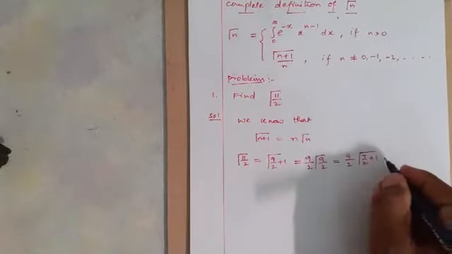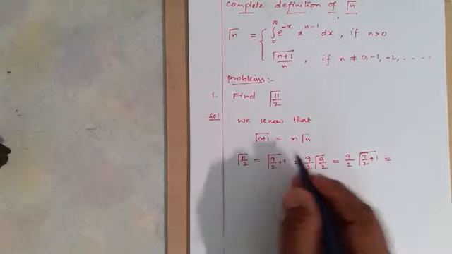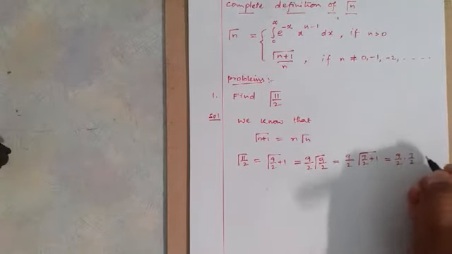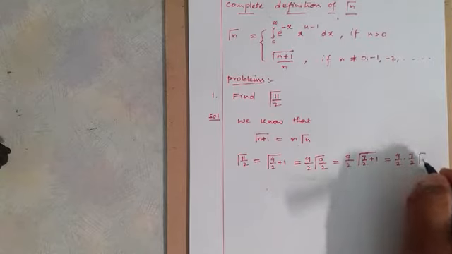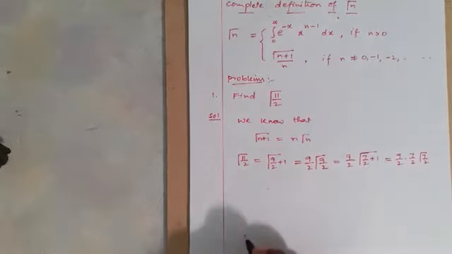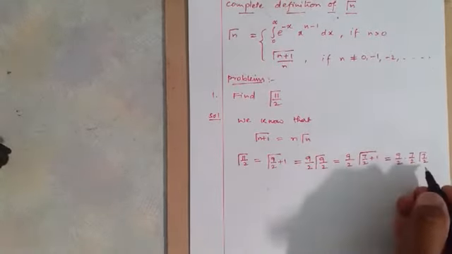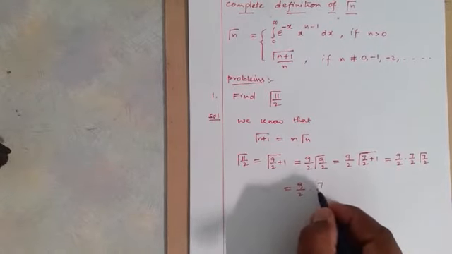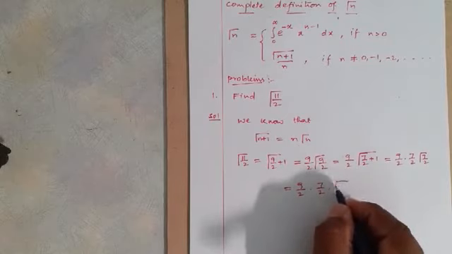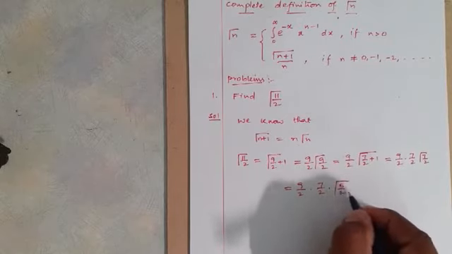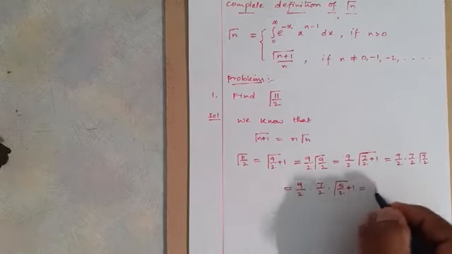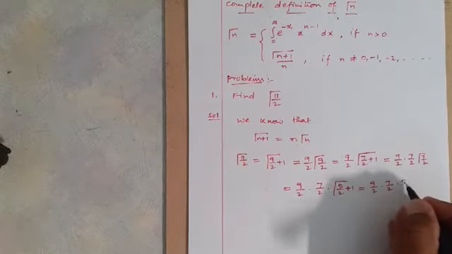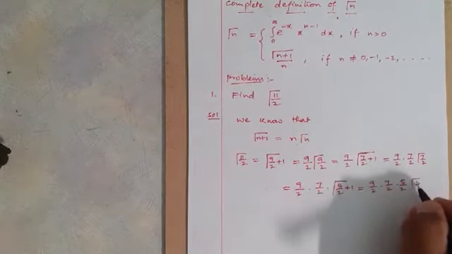Now again from this we write 9 by 2 into 7 by 2 into gamma 7 by 2. Now for this, 7 by 2 I write 5 by 2 plus 1, so that I can write 9 by 2 into 7 by 2 into 5 by 2 into gamma 5 by 2.